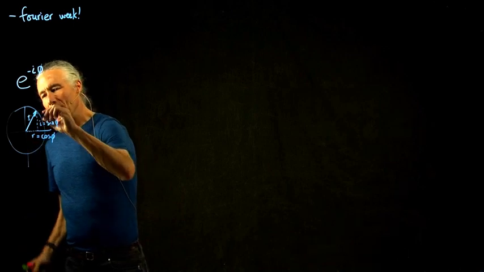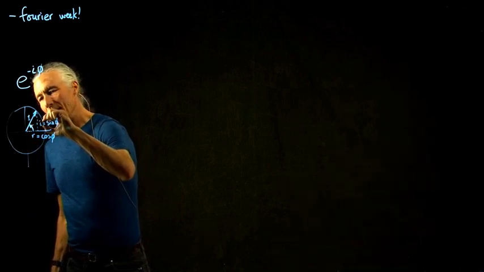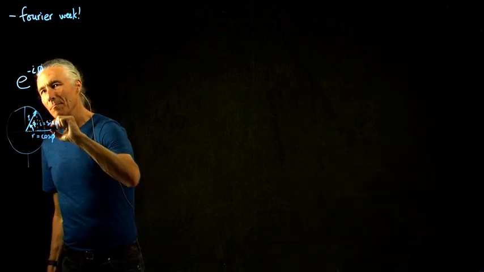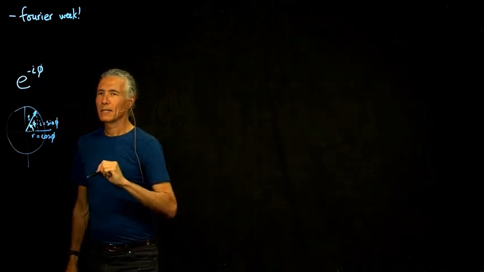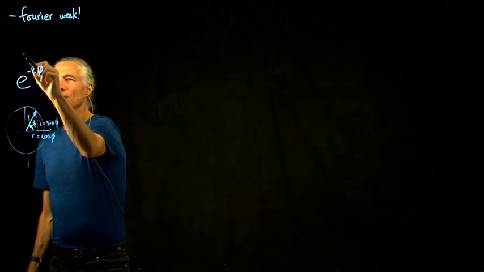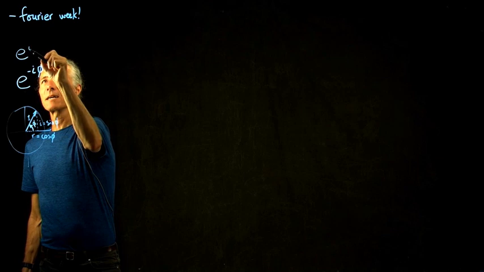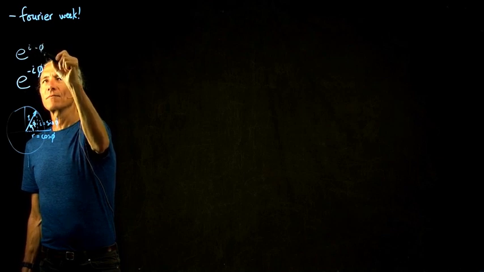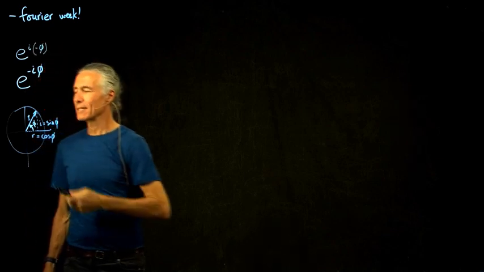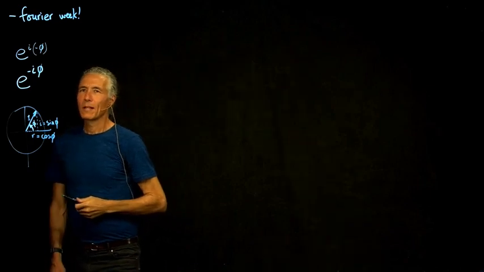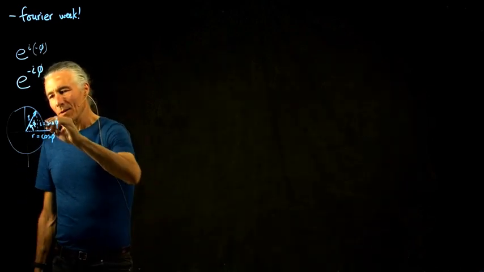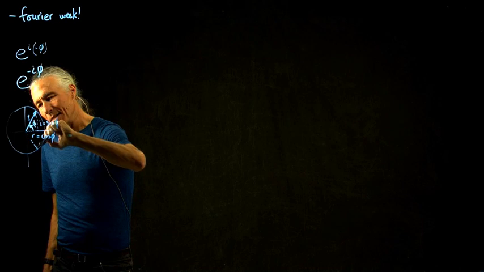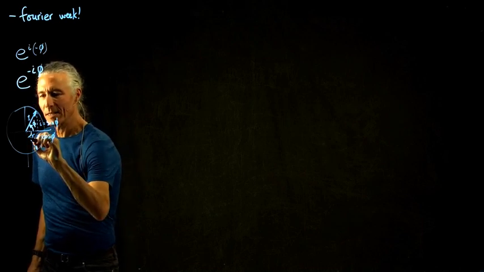And you might wonder what the minus means. Another way of writing this is e to the i times minus phi. Minus just means an angle like that, so that would be minus phi.